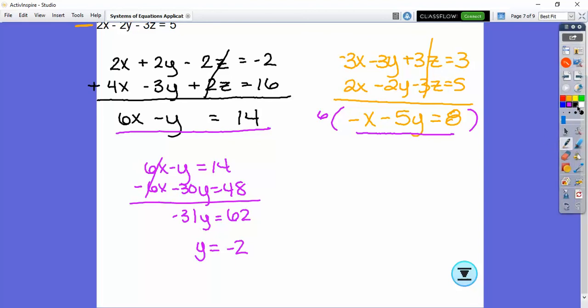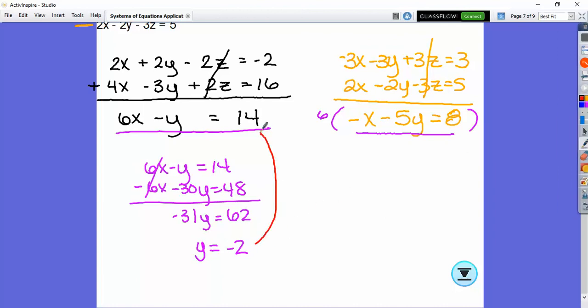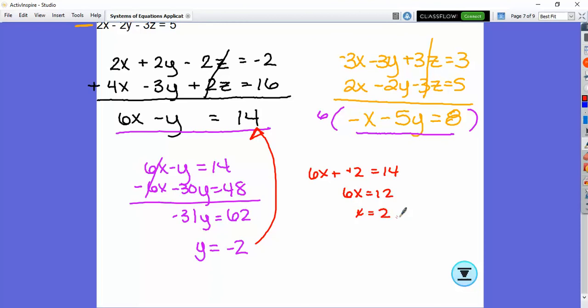Once you get here, you figure out one variable, then it's just a matter of substituting back in to get the other. So if I have my y, I can plug that back in to get my x. So 6x minus -2 equals 14. So that means 6x is equal to 12, and so x is 2.